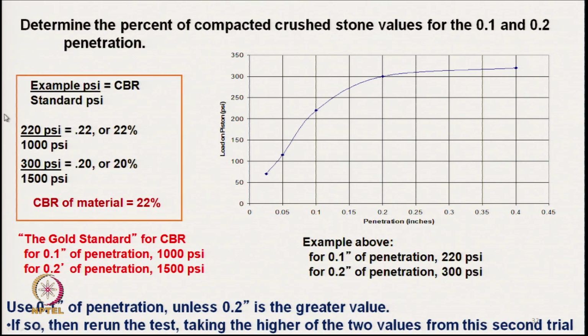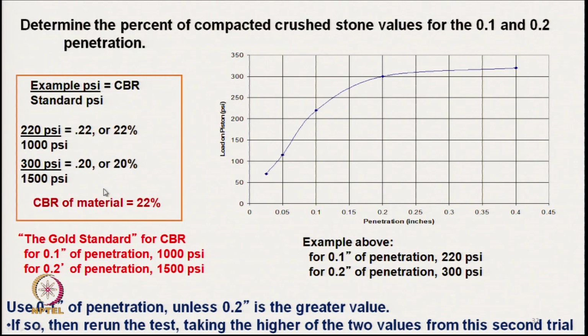In this way, for 0.1 penetration we get 22% as the CBR value, which we normally express as 22, and for 0.2 penetration we get 20%.